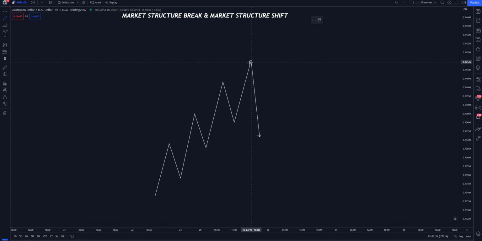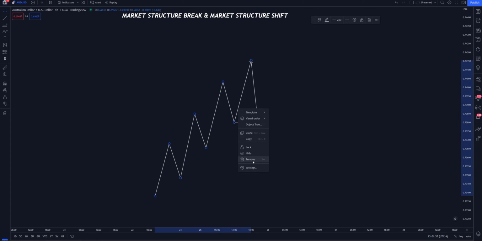After the new high is made, we would look for a market structure shift, which would be when price breaks the previous low, the low that was created before a new high. I hope that is clear.